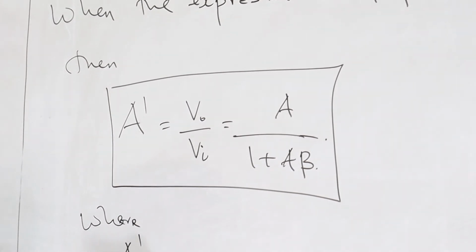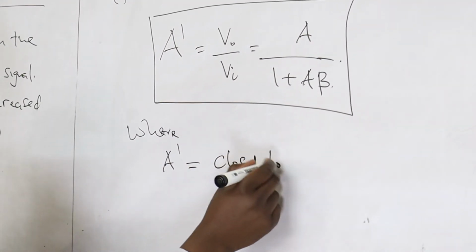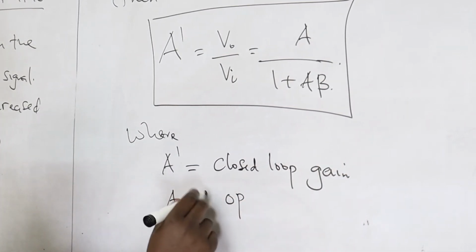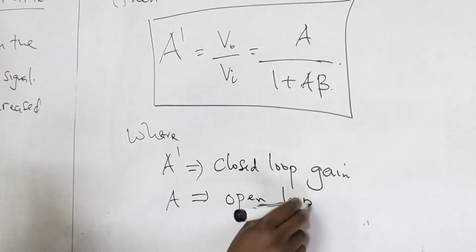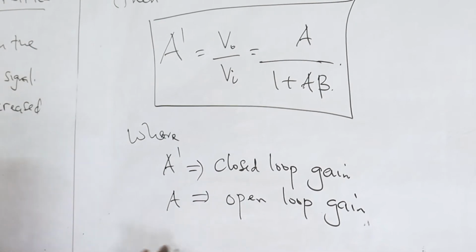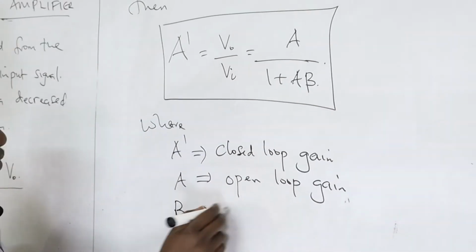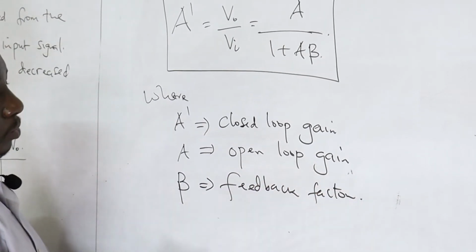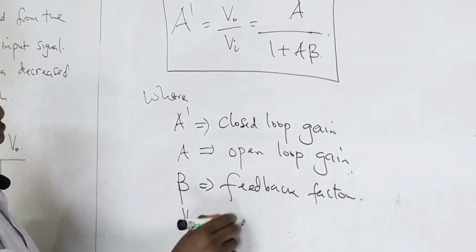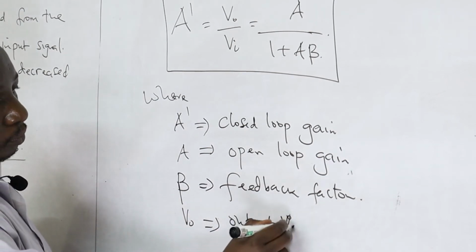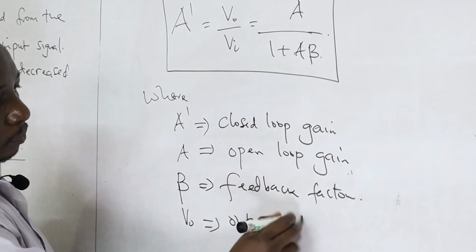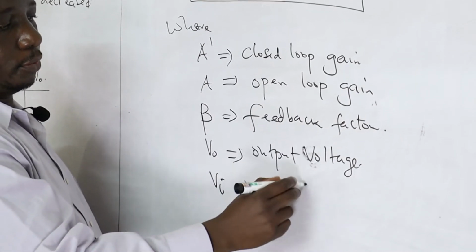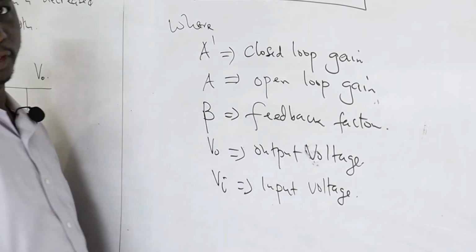Where A prime is the closed loop gain, A is the open loop gain, beta is the feedback factor, VO is the output voltage, and VI is the input voltage.